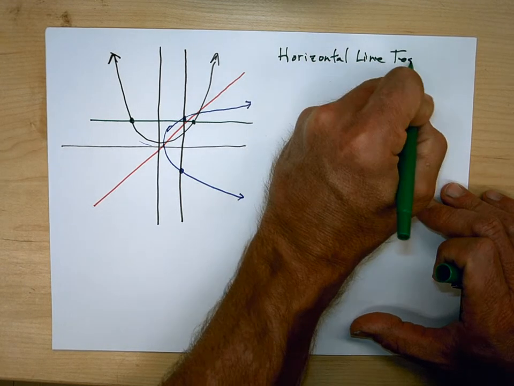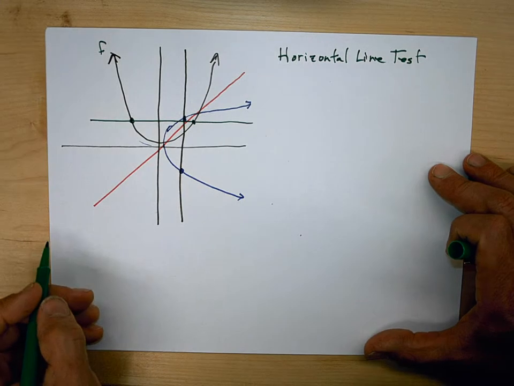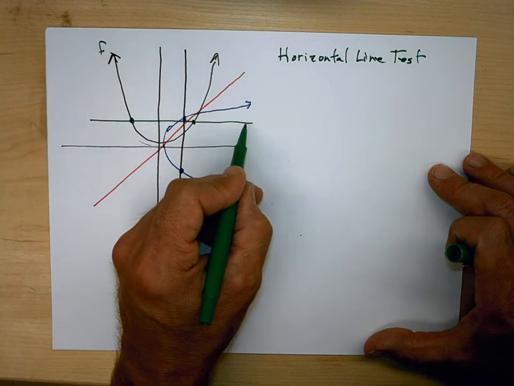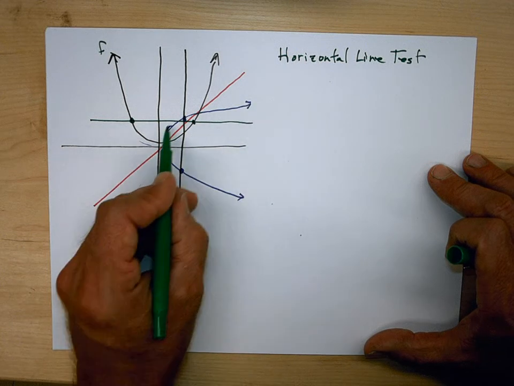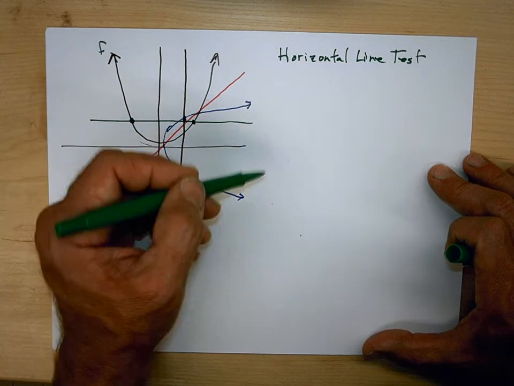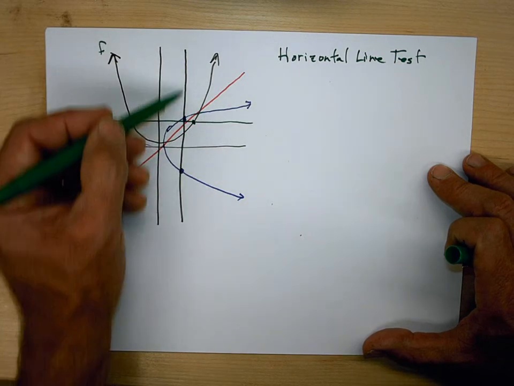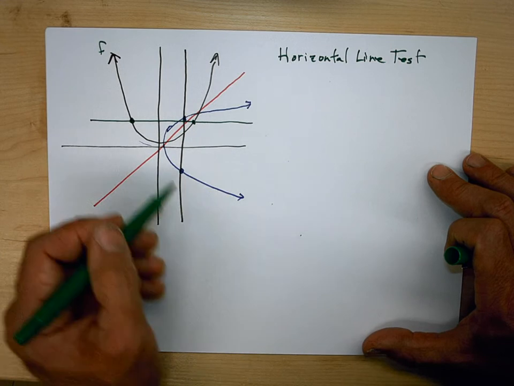Basically what it says is, if we start off with this function f, and a horizontal line hits the original function in two places, then its inverse will not be a function. We see that right here because when we flip it over, we have a vertical line that hits the graph of the inverse in two places.